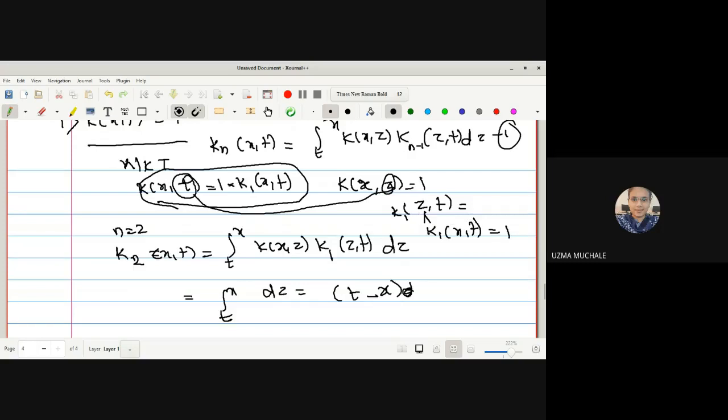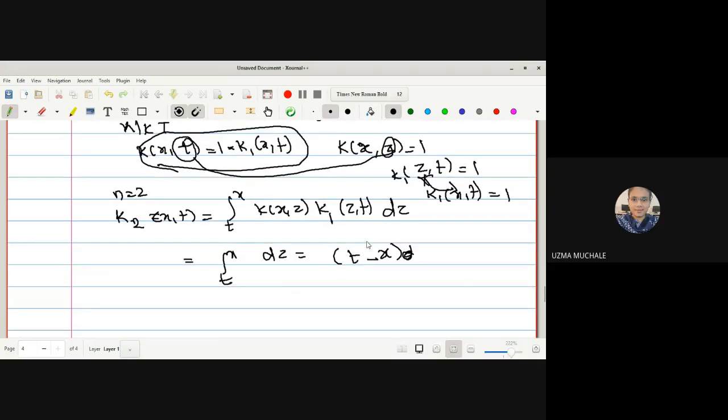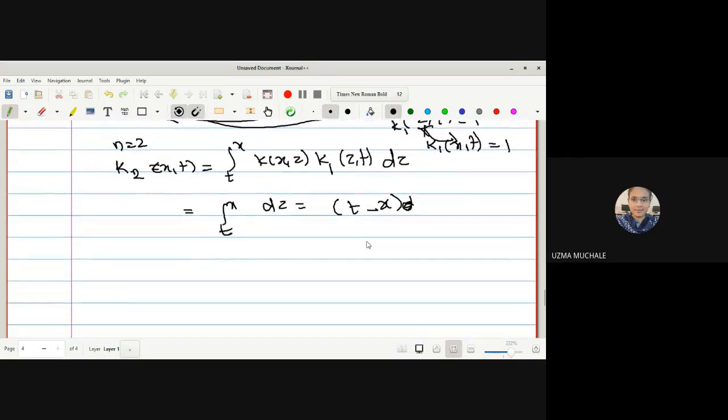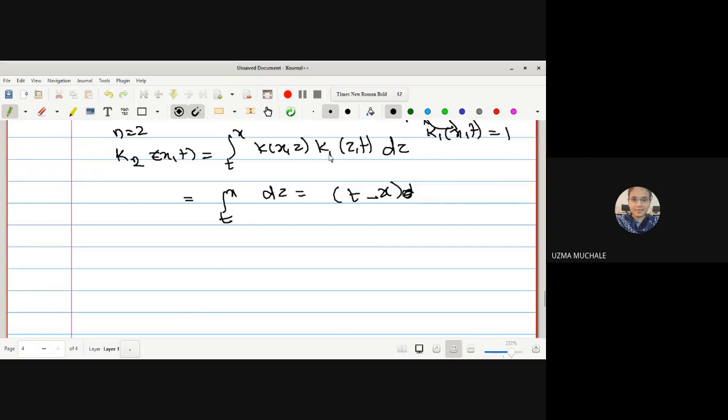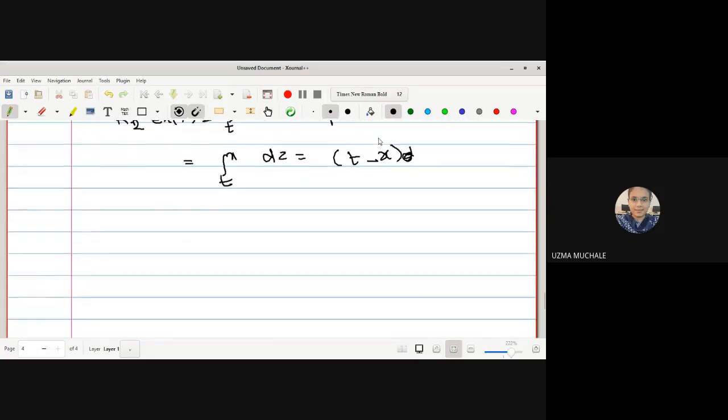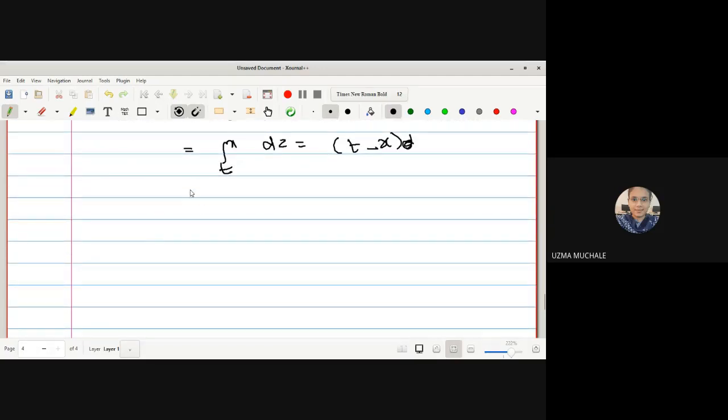So if it is 1, this is also equal to 1. Is it clear? Yes, ma'am, simply a change of variable. We have to use this in the formula, so that's why we write k of xz and k of zt. So in this way, we got the value of the second iterated kernel k2 of xt as x minus t.